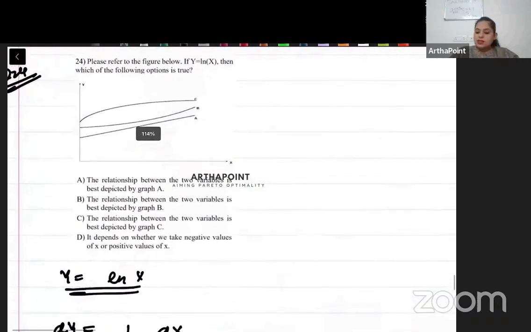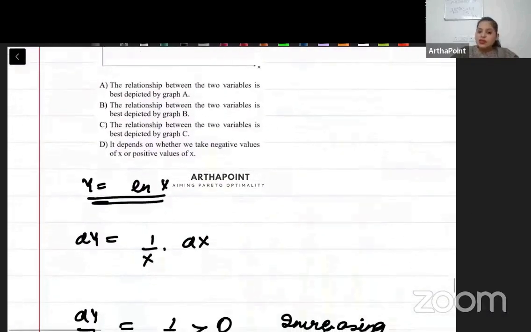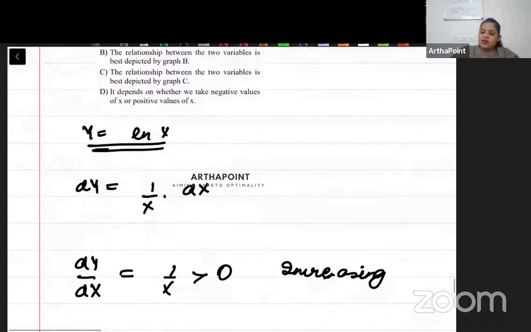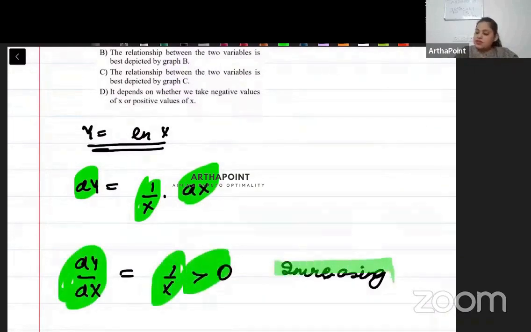It says, please refer to the figure below. You see the stat part is coming pretty easy, right? Y is ln x. It says which of the following are true. So which graph represents ln x? That is what we have to tell, okay? If I differentiate and find the slope of this graph, dy will be 1 by x dx. So dy by dx will be 1 by x, which is greater than 0. That means I should have a curve which is increasing.